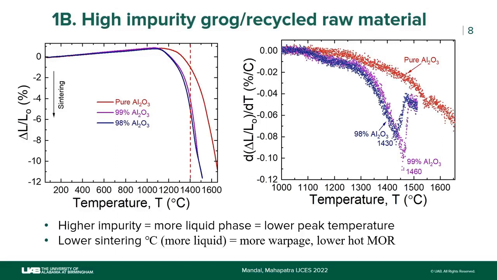If you ask whether there is any variation if you repeat this test, do you get the same data? Yes. Let's say at 1400 degrees C, you see around 5% shrinkage. If I repeat this test and the chemistry is similar, I will get 5, plus or minus 0.1%.